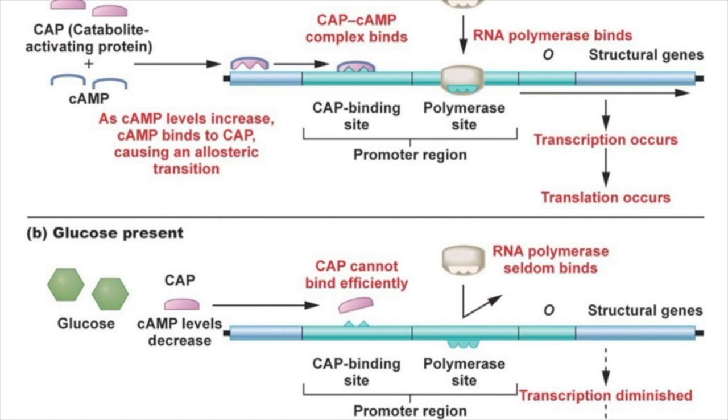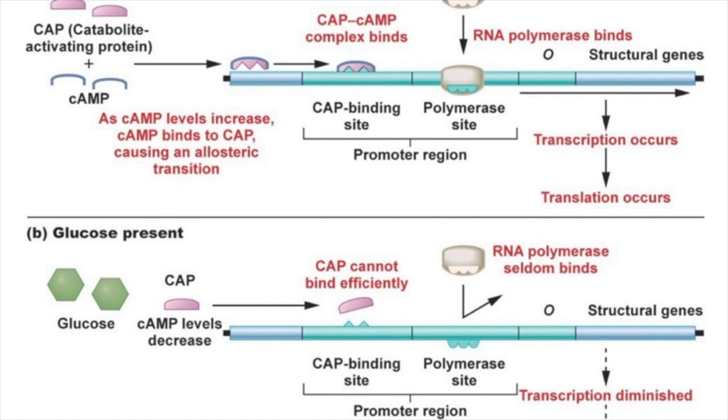Now, when glucose is present, as you'll see on the bottom of the screen, CAP does not bind with cAMP, because cAMP levels are low. So there's plenty of glucose, there's not much cAMP, so the CAP-cAMP complex does not form. CAP can't bind to that site on its own without cAMP. When it doesn't, RNA polymerase is rarely going to sit down on this promoter region.